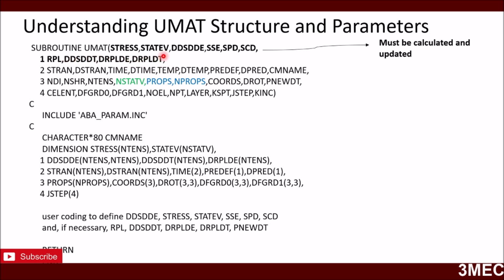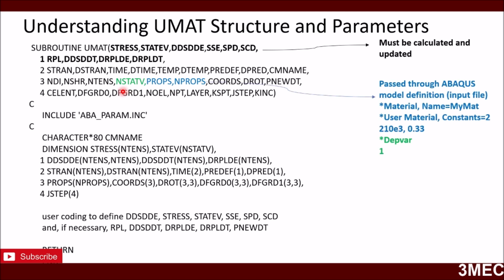So I will leave it for the time being. But these are the quantities which the user has to define. All the other quantities you see here are passed in from either the previous steps or from the ABAQUS solver itself. So you don't have to really do anything about it, but you really have to take it and use it as you want for your calculation of stresses, state variables, and Jacobian.